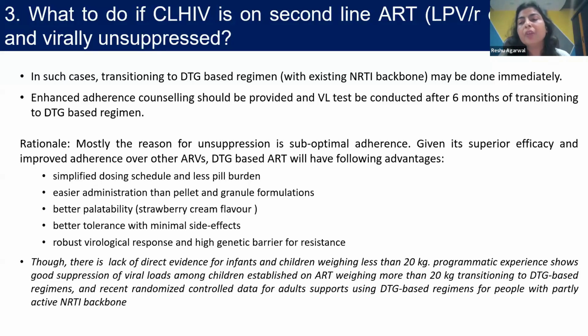And since we are not doing drug resistance testing in our program, we really do not know whether these children are really failing on the current ART regimen or not. So given the superior efficacy of DTG and also the benefits in terms of improving the adherence over other ARV drugs, this regimen is assumed to have advantages in terms of ensuring better adherence, because it will have a more simplified dosing schedule and less pill burden, as Dr.